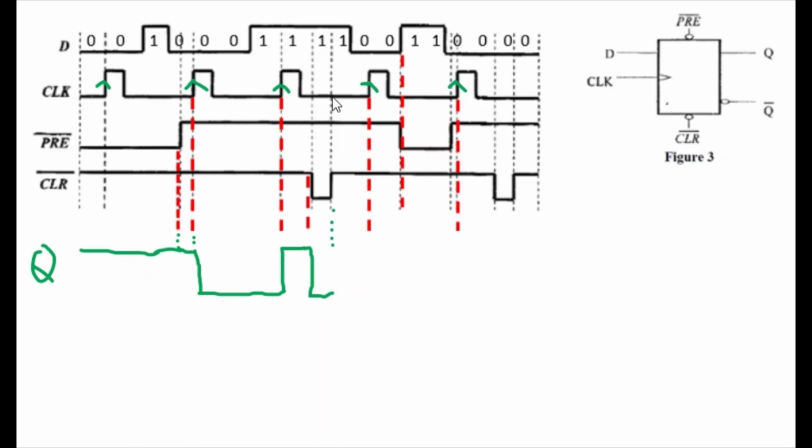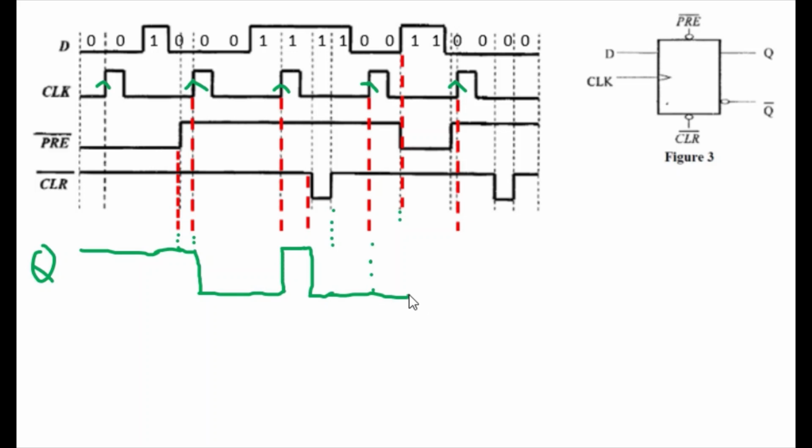No. Preset is already 1, so no need to worry about it. The positive edge is here, so it remains 0 till then. At this point we check D. D is 0, so it remains 0. It will remain 0 till the next positive edge, but in between the preset command comes into existence, because preset becomes 0.